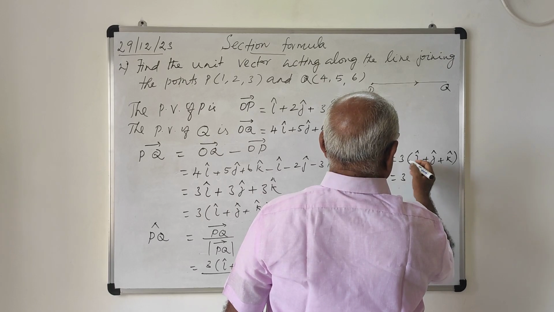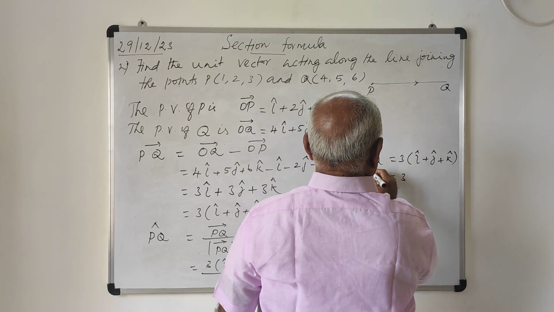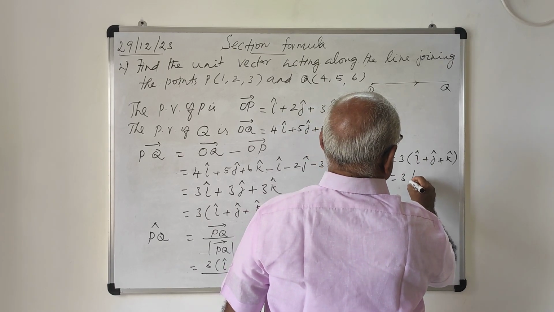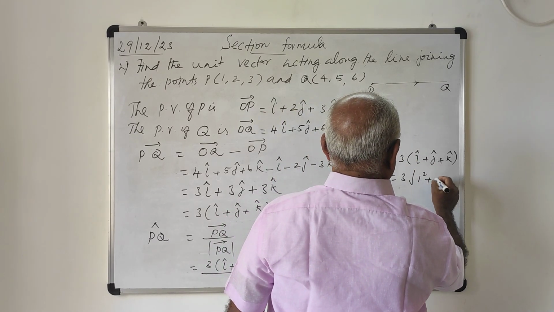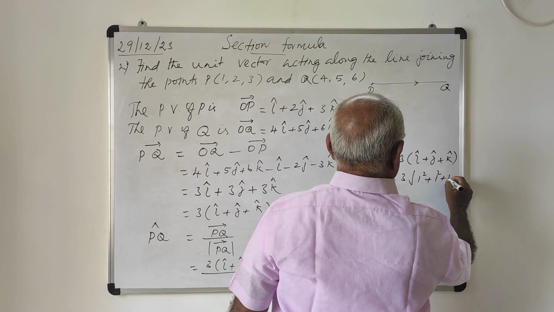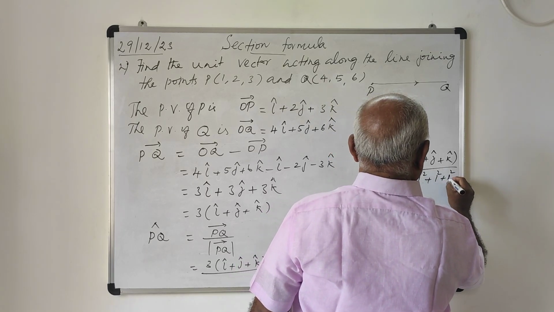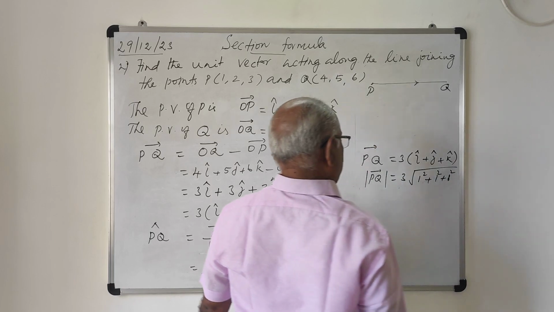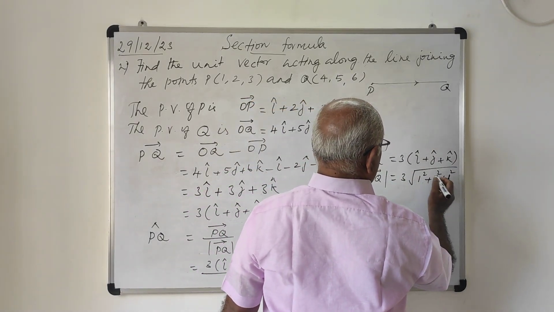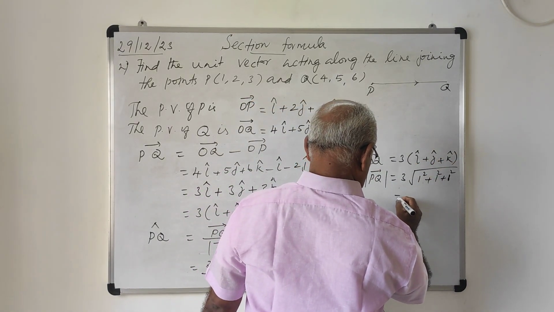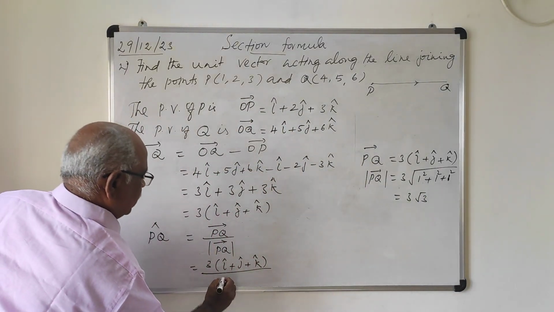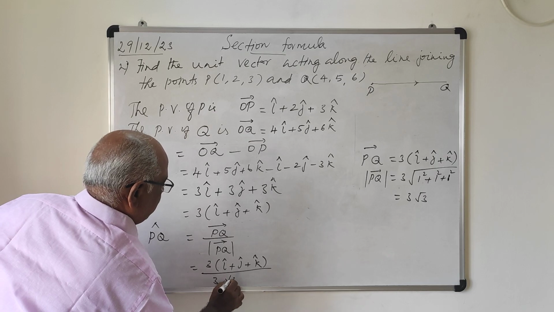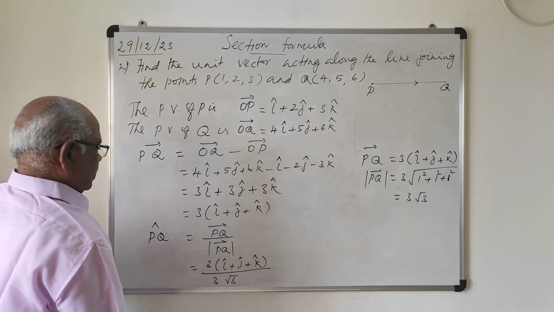Mod of PQ is modulus of 3 times i plus j plus k. You can take the 3 common, and you will get the root of 1 square plus 1 square plus 1 square, which is equal to 3 root 3. So mod of PQ is 3 root 3. So 3 cancels.